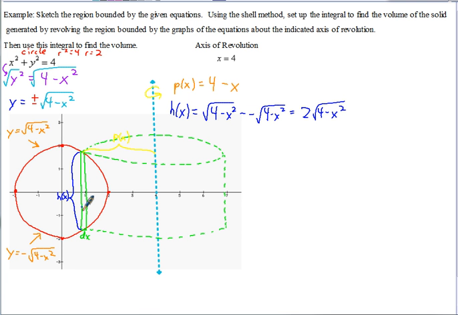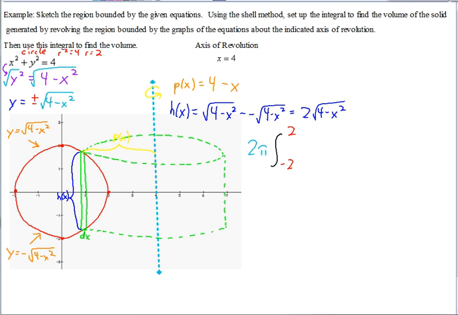So let's go ahead and set up our integral, find the volume using the shell method. So far we haven't needed our calculator at all, but we will when we integrate it. So it'll be 2 pi times the integral from where the region starts, at negative 2, to positive 2.